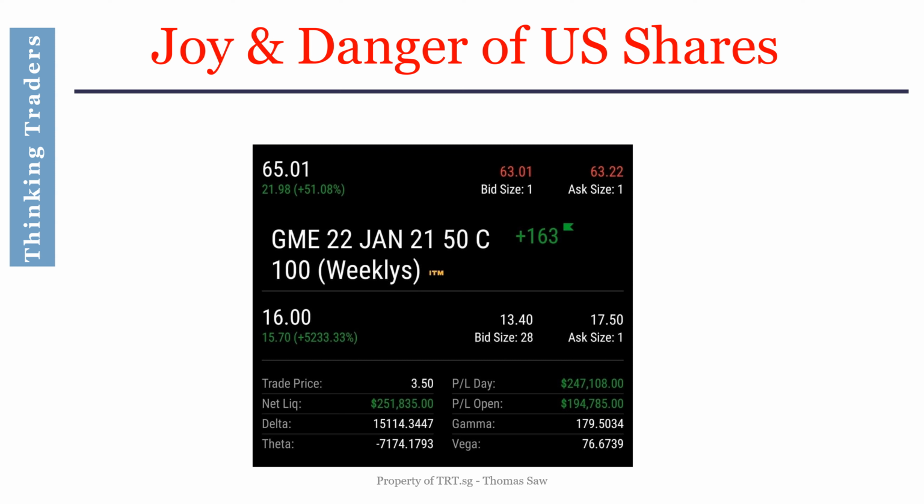These options were 30 cents out of the money and became deep in the money by $16. How do I know it is in the money by $16? You can see the P&L now is $15.70, so now in the money by 50 cents. Before that, it shot up by $16.